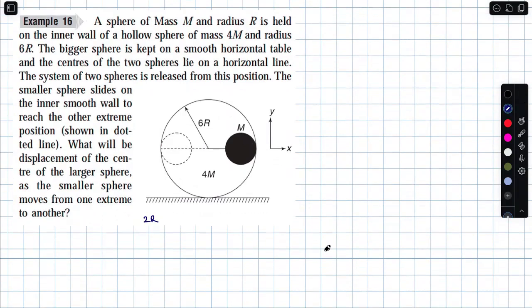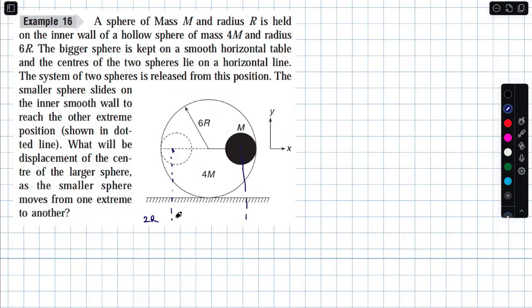A sphere of mass capital M and radius R is held on the inner wall of a hollow sphere of mass 4m. Try to understand the center to center distance. Undoubtedly, this is of radius R. What is the center to center distance?